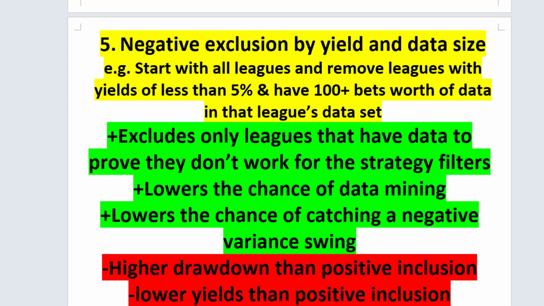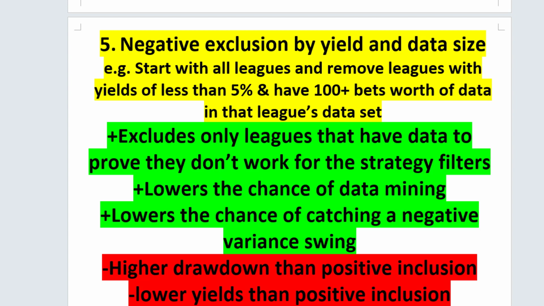As I said before, when you have a couple of leagues with very high yields, there's a chance that's just a result of a lucky positive run. And if I follow just them, I might just catch their negative run. A very simple way to look at that is, we know the average draw rate is 25% across all leagues, and some strategies, some filters will give you 33%. That's fine.